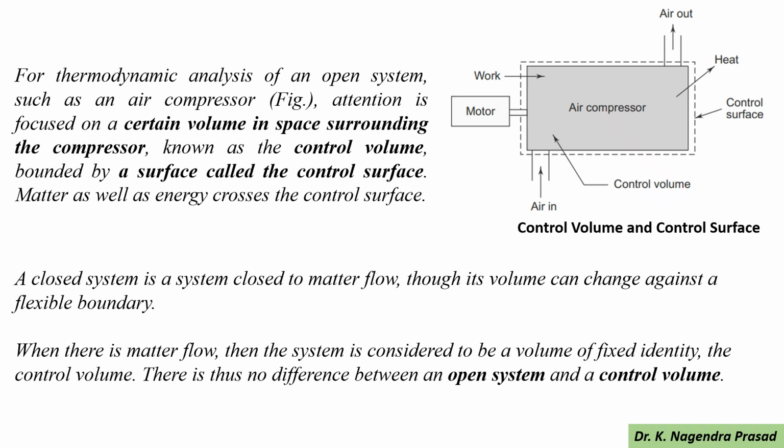Similarly, when there is matter flow, then this system is considered to be a volume of fixed identity, that is the control volume. So if you are considering a fixed volume, we call it the control volume. So there is no difference between the open system and the control volume.